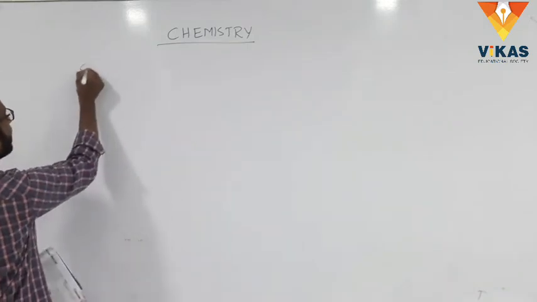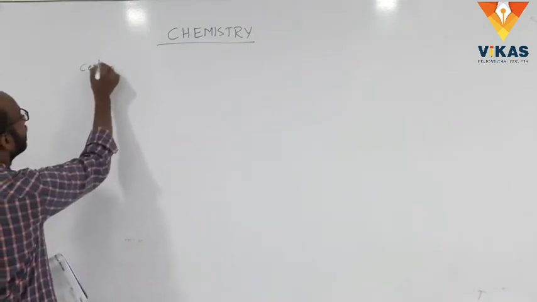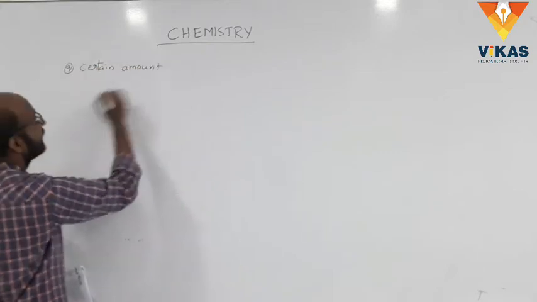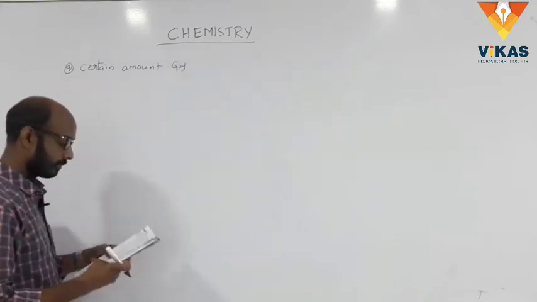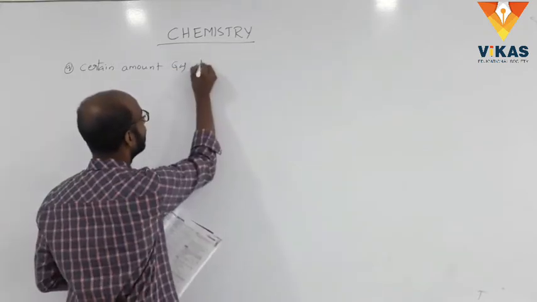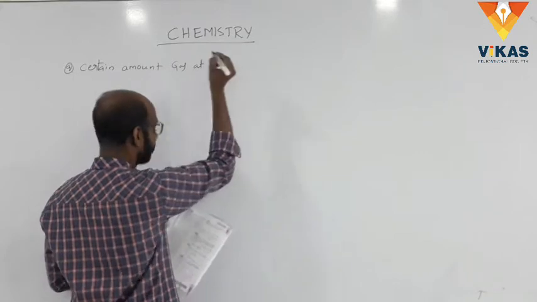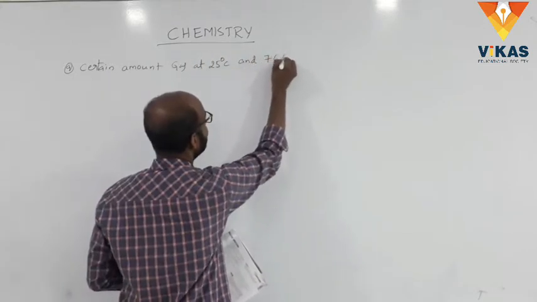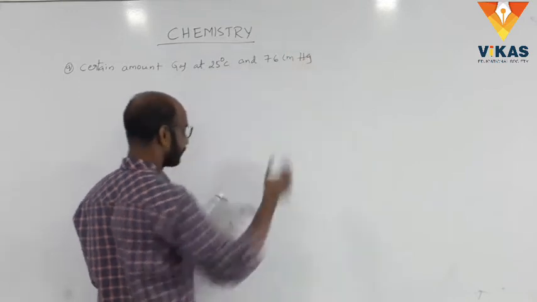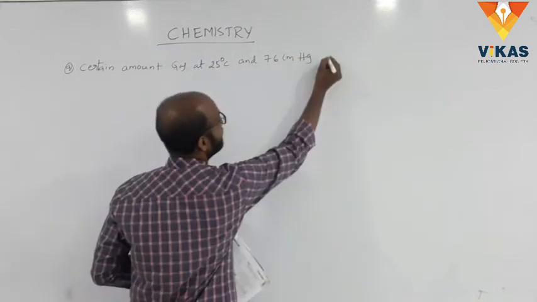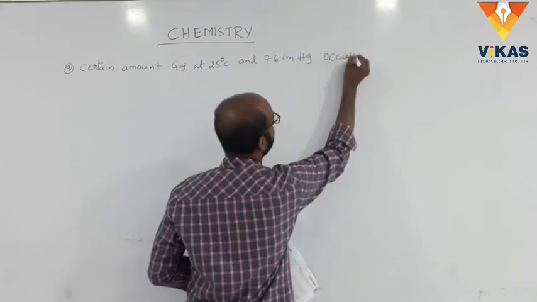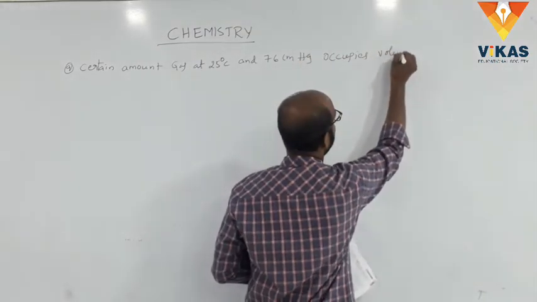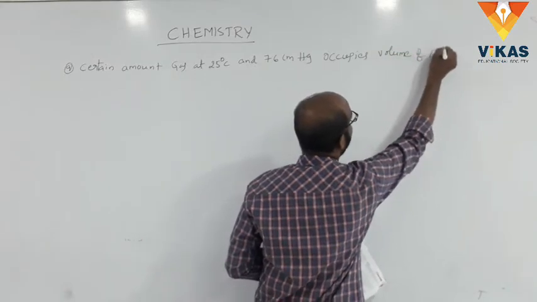Certain amount of gas at 25 degrees centigrade and 76 centimeter mercury Hg occupies a volume of 12 liters.